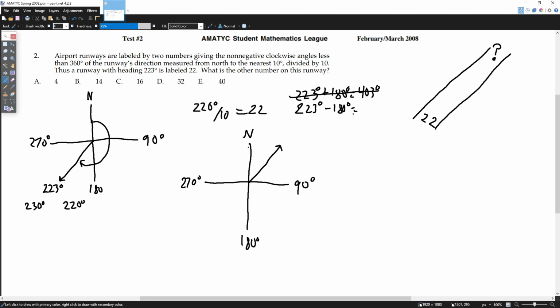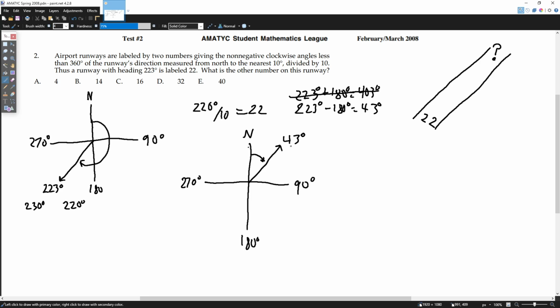So we'll subtract 180 from 223, and we should get 43 degrees. So that's our new angle. That's the angle for the opposite side of the runway. And that makes sense because we're measuring it from the north, and 43 degrees is less than 90 but greater than 0. Okay, we did our sanity check.